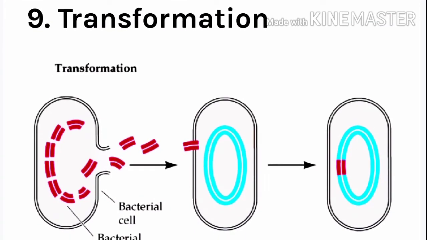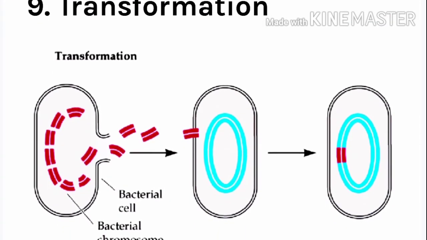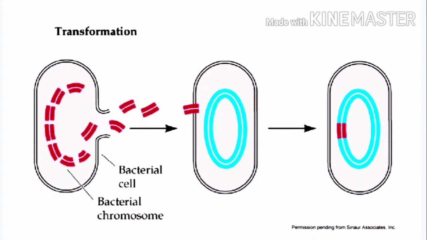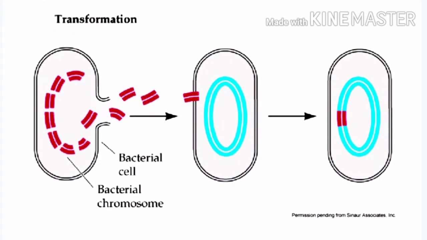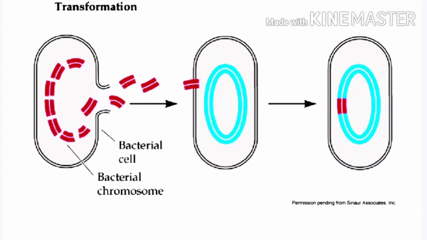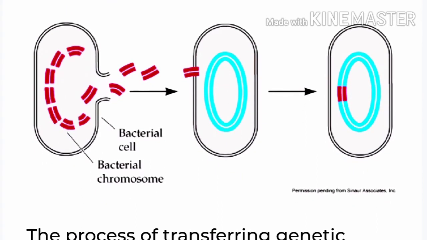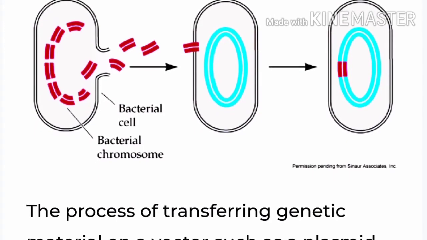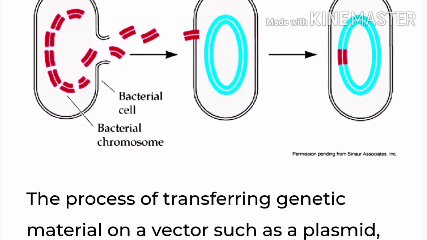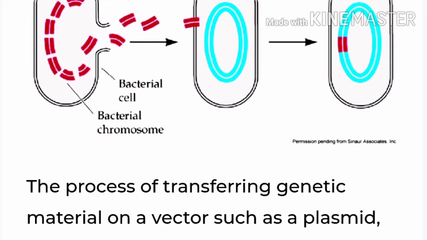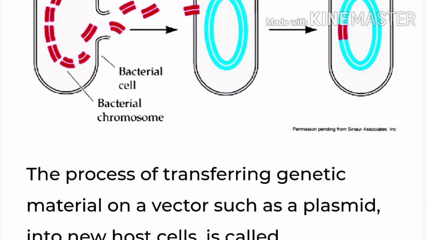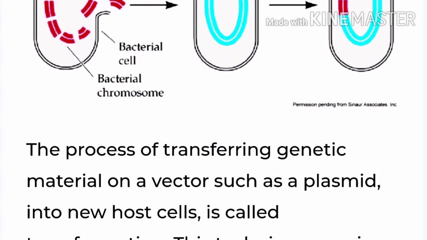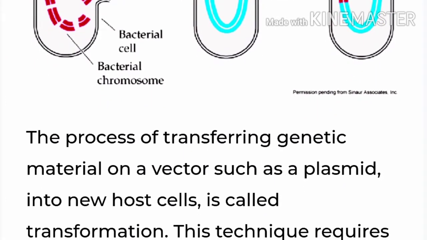Next, the transformation. Transformation is the introduction of a recombinant DNA molecule carrying an inserted DNA fragment into a host cell in which the chosen molecule can undergo replication independently of the host cell chromosome and produce dozens of identical cells known as a clone.